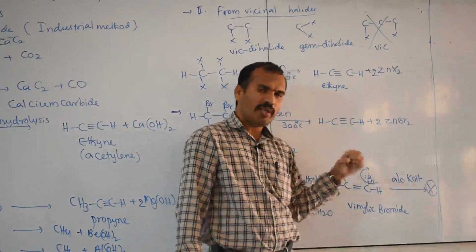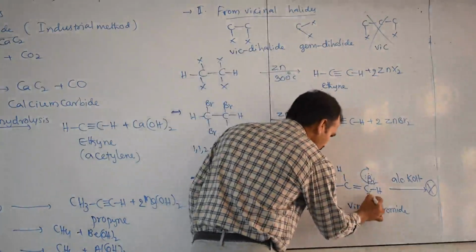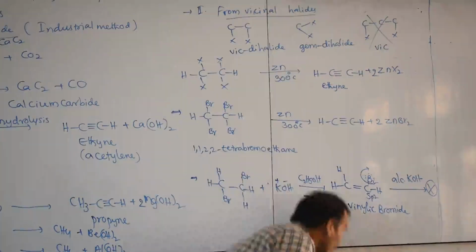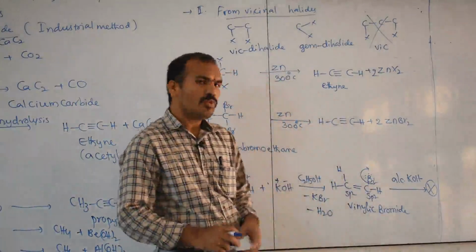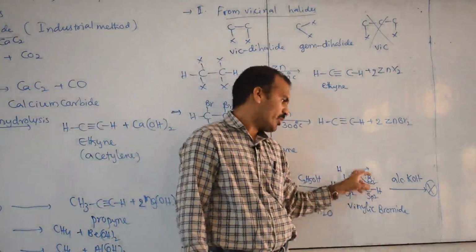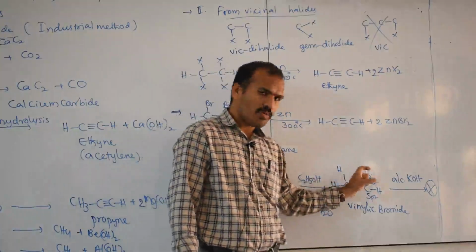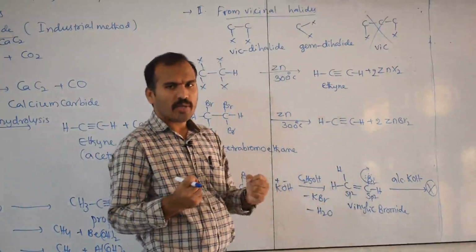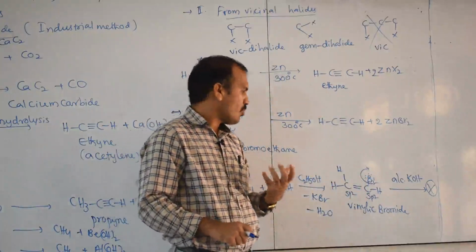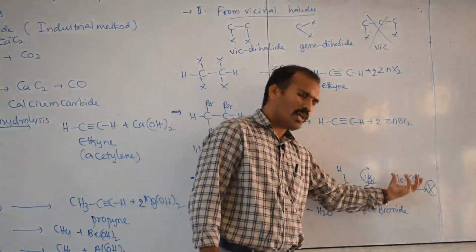Bond breaking will be difficult. Otherwise, keep in mind, this carbon is sp2 hybridized, this is also sp2 hybridized. So those atoms are bonded to sp2 hybridized carbon. Then that bond is a shorter bond having high bond energy. To break it requires more energy, therefore it does not break easily with this base, which is not a very strong base.